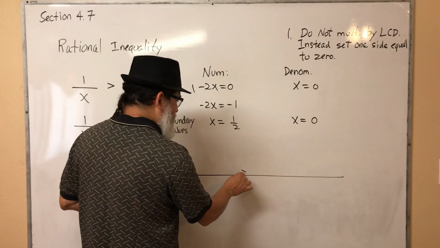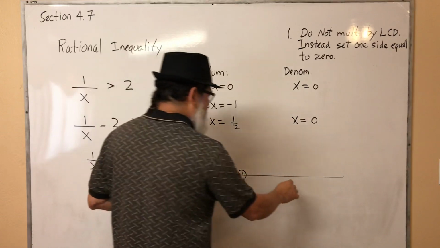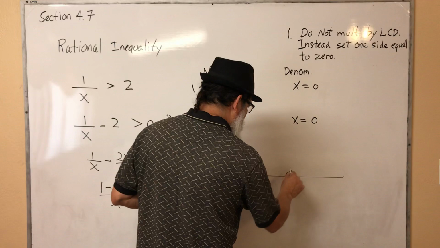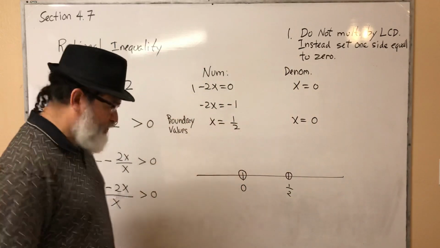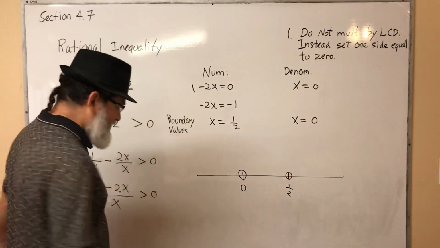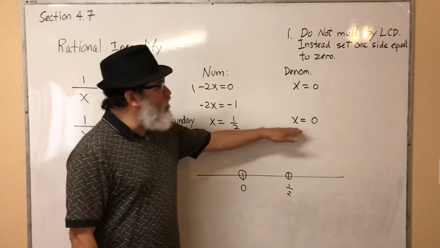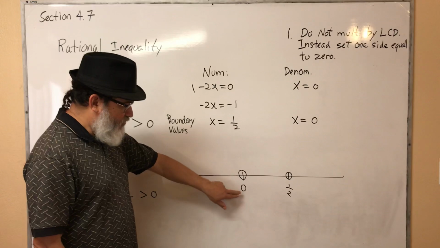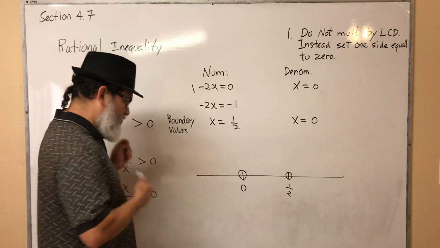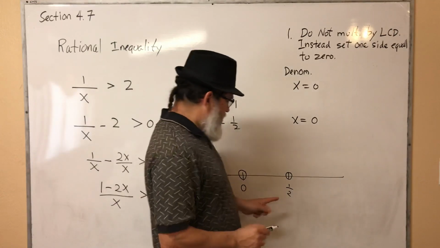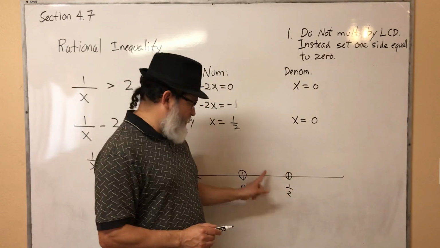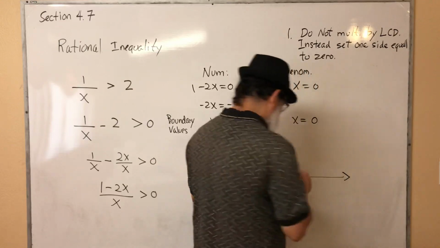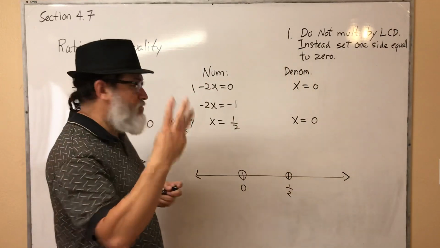I'm going to circle 0. And here is a half. I'm going to circle a half. And look, these boundary values gave me this region from 0 to the left, from 0 to a half, and from a half to the right. 3 regions.